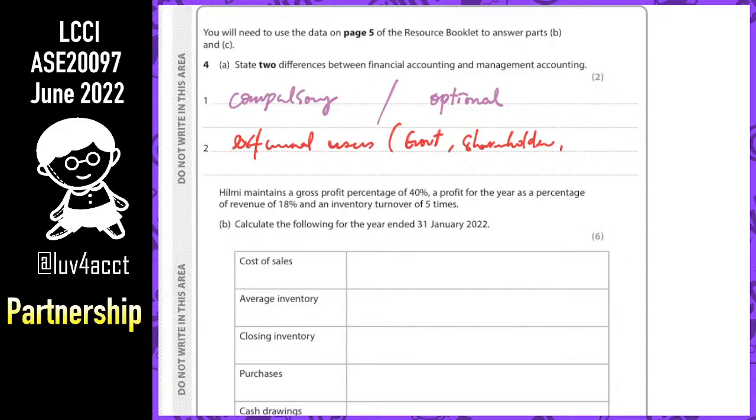They share the profit by receiving dividends, but they do not manage. And maybe banks or something like that. But management accounting is for internal users. That means managers or staff, to help them make decisions.